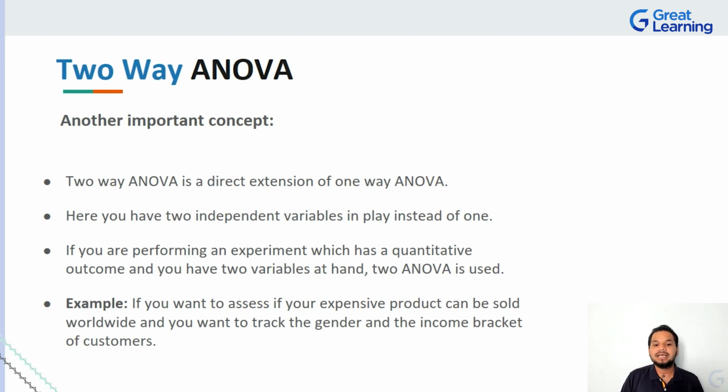Let me give you an example. Let's just say that you want to assess if your expensive product, let's say you're an expensive product manufacturer, is sold worldwide, and you want to see who's buying your new product. Now, I've said that it is expensive because maybe you want to understand which gender prefers your product more, or which income bracket your customers usually fall in, right?